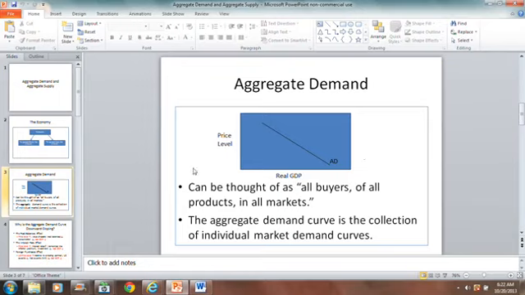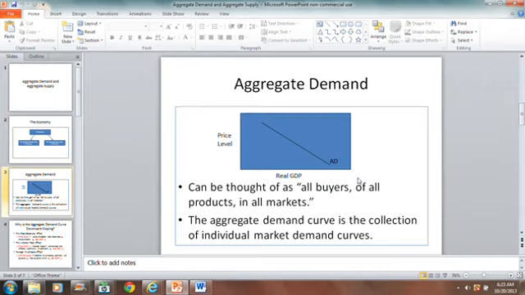Now, a couple cosmetic things to notice. On the vertical axis, I have price level, and price level is like an average of all prices. If I'm combining demand curves for different products that have different prices, I need some way to represent the price movements for all those products. On the horizontal axis, I have real GDP.